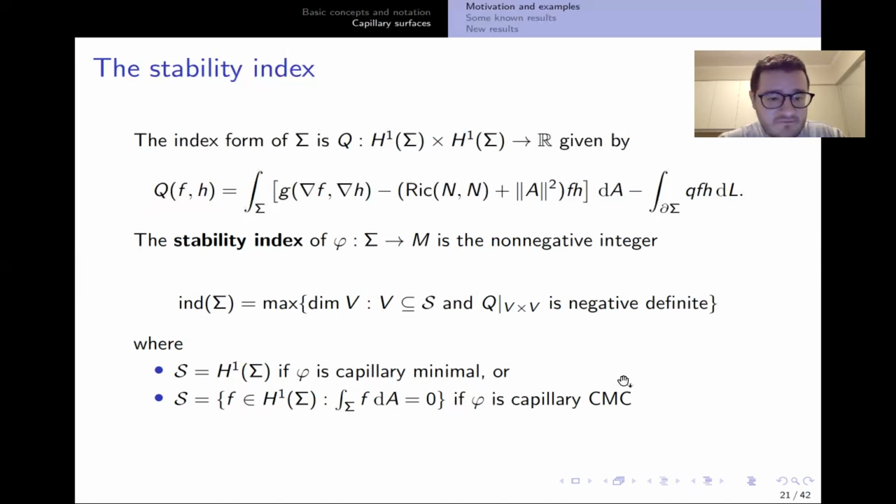Okay, so this is the stability index of sigma. It's a non-negative integer. Intuitively, it measures the number of different directions we can perturb sigma so as to decrease its energy by a second order approximation.